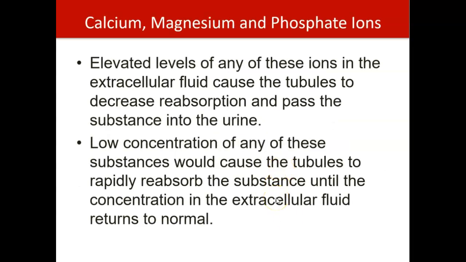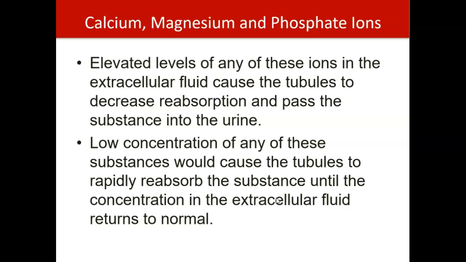Okay, so calcium, magnesium, and phosphate ions. These are all going to be rounded up at the end, but calcium and magnesium are also very important for cellular function. So I did not try to minimize their importance by throwing them all on one slide at the end, nor did your book want to minimize their importance by grouping them all together.